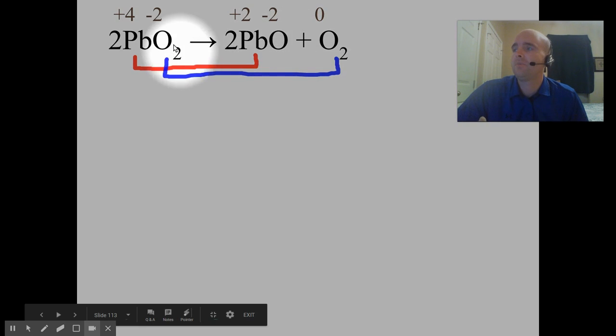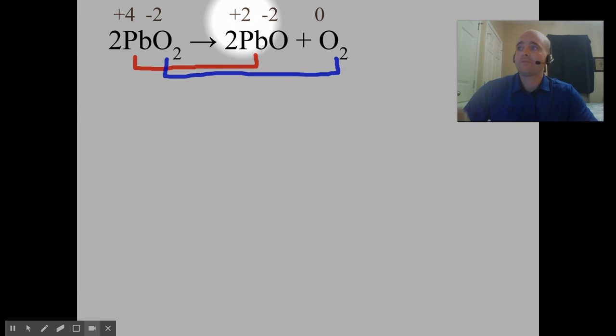So it's going from a -2 state, and so you want to pick the one that it's going to change to. You're going to pick it with oxygen. I wouldn't pick this one because it's still the -2. And you can see that the lead goes from a +4 to now a +2.